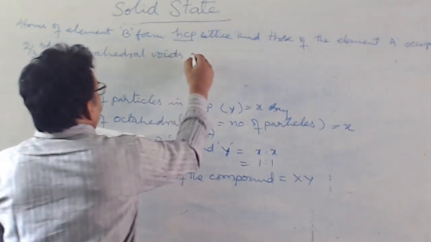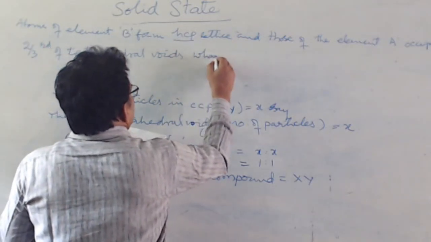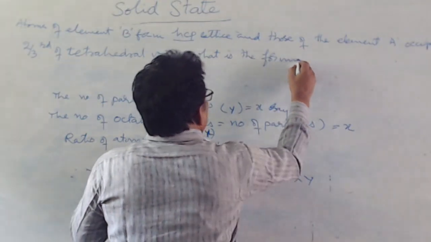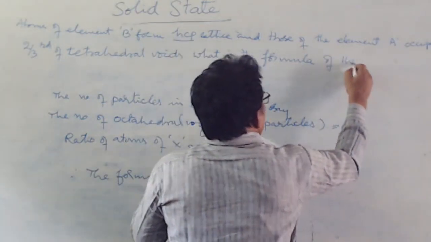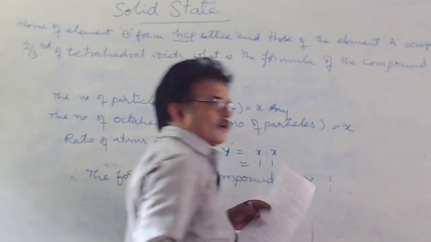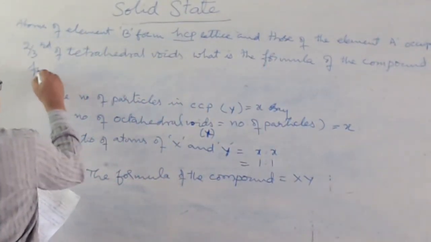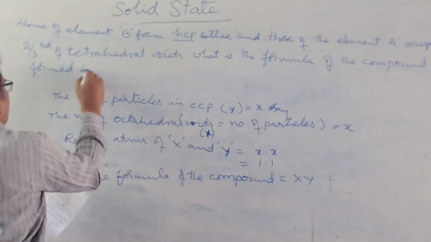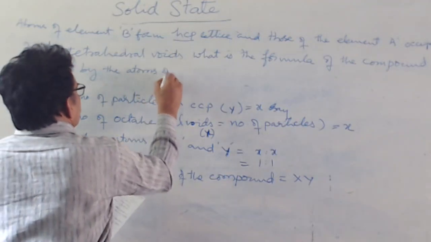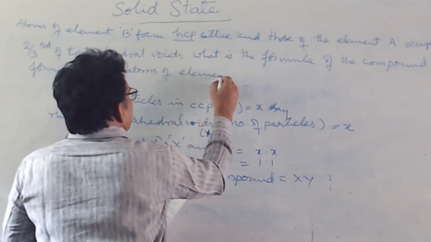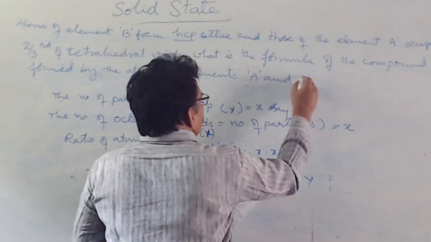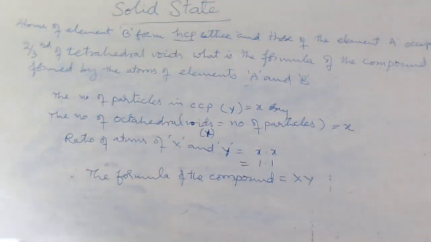What is the formula of the compound formed by the atoms of elements A and B? Okay, this is the second question.